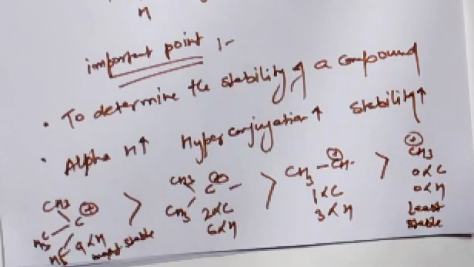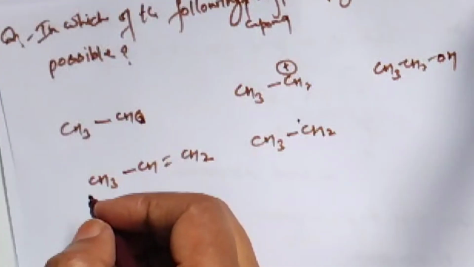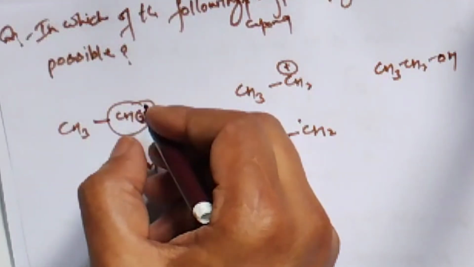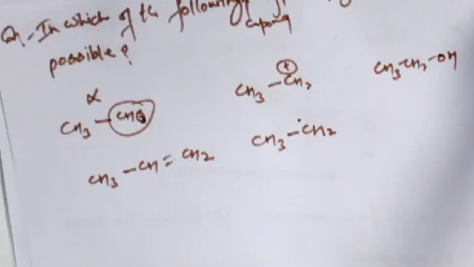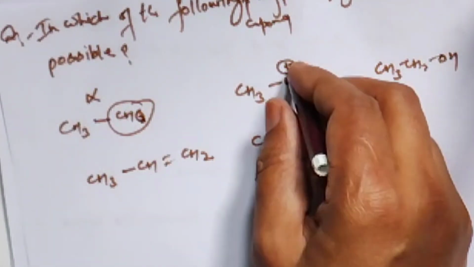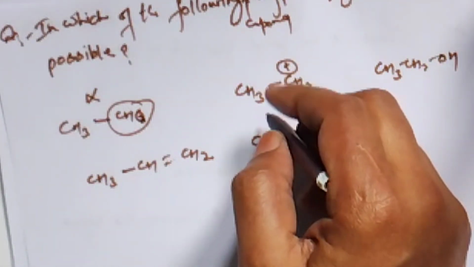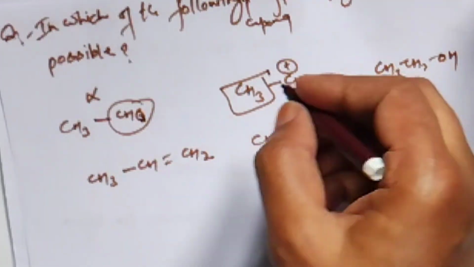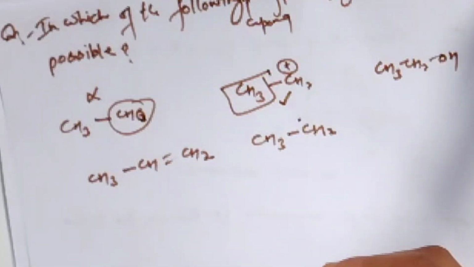Let's see some examples of which compounds have hyperconjugation possible and which do not. This compound is an aldehyde. CHO means no alpha carbon or alpha hydrogen. This compound has a carbocation, meaning alpha hydrogen and alpha carbon, so hyperconjugation is possible.